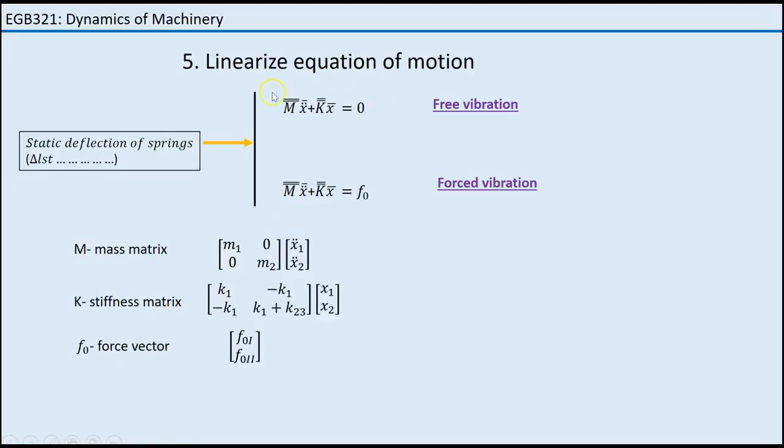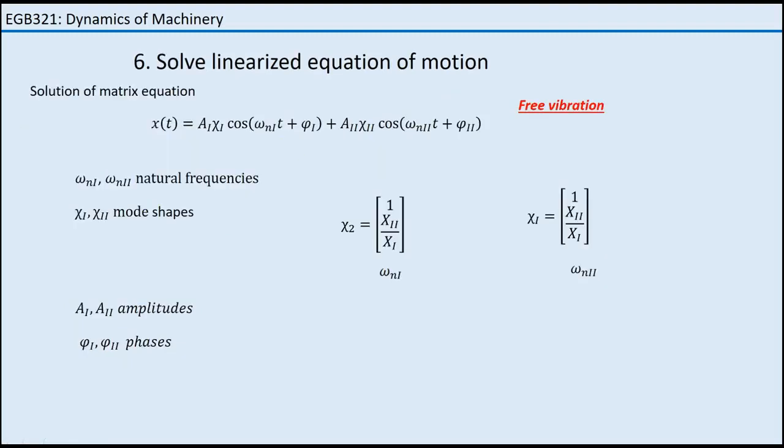So we always get this form of equation for free vibration, neglecting damping. Once we get this free vibration matrix equation, the solution is like this, where omega n1 and omega n2 are the natural frequencies for the 2 degree of freedom system.